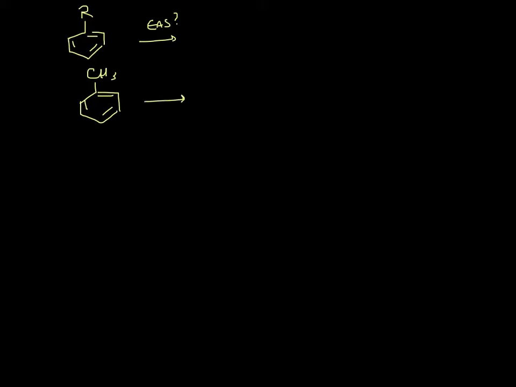So if we're putting this in with bromine and FeBr3, we would make that complex, which has a really strong bromine electrophile. Look like this: iron minus, bromine plus. And one of these double bonds is going to add on to that bromine.